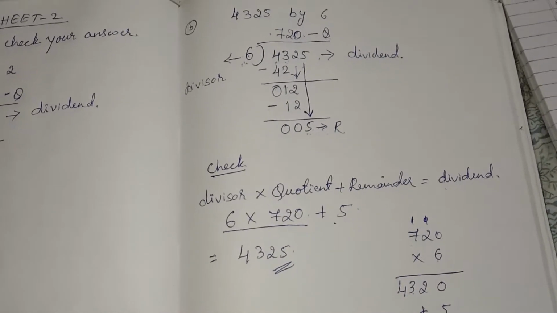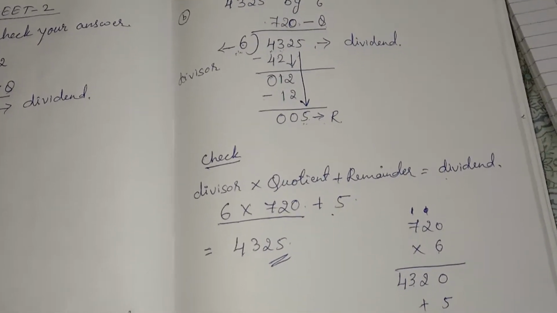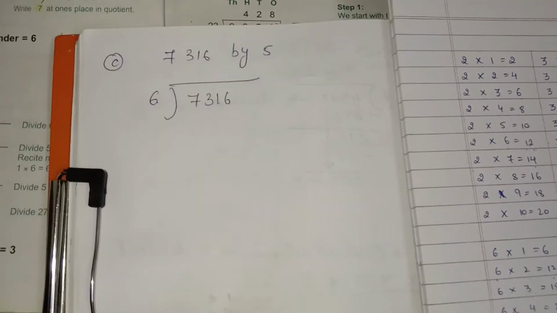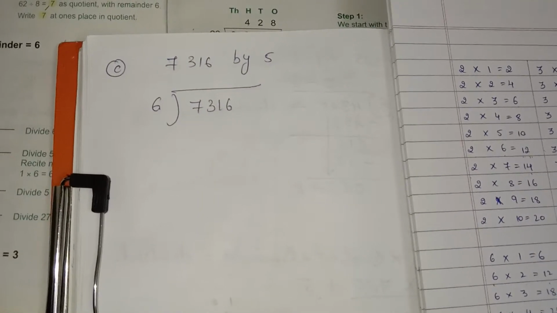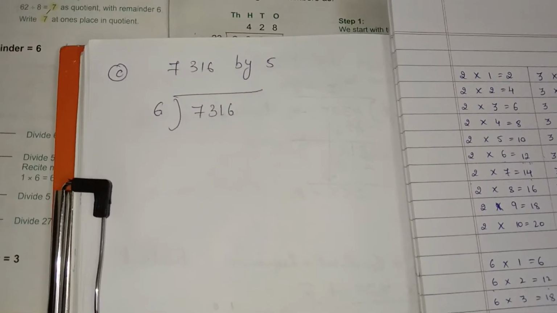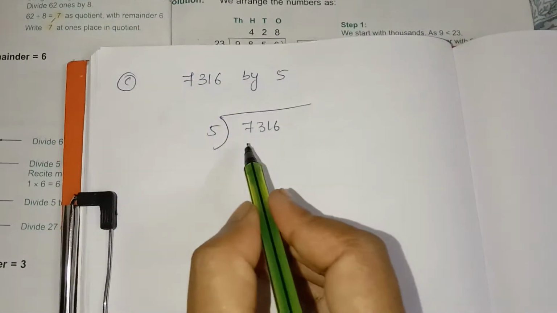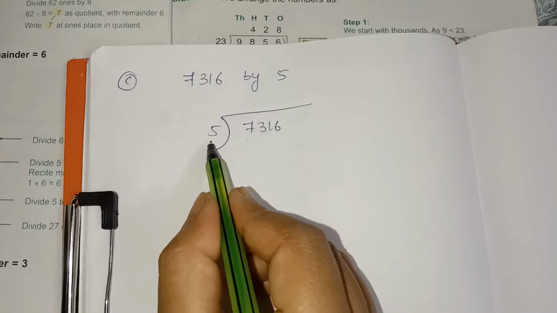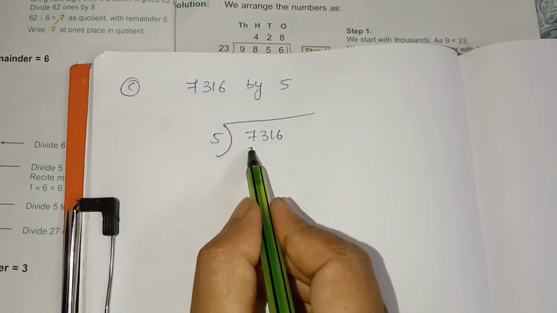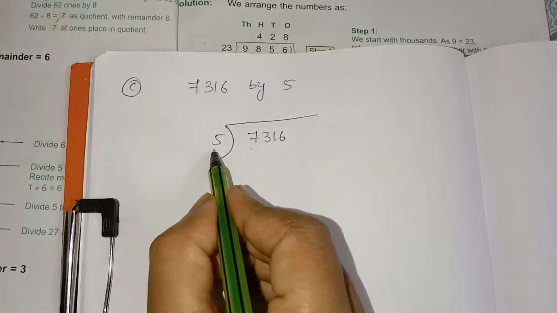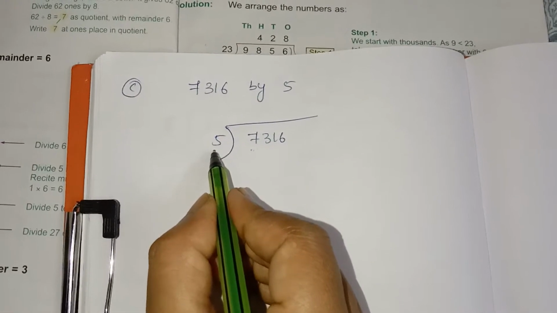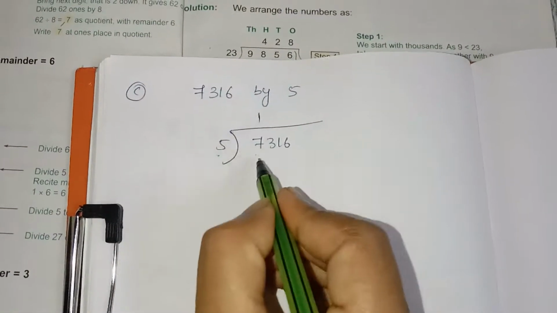Okay. Next, move on to the third one. 7316 by 5. Here 7 is greater than 5, so we are taking one digit here. Recall the table of 5. 5 ones are 5.